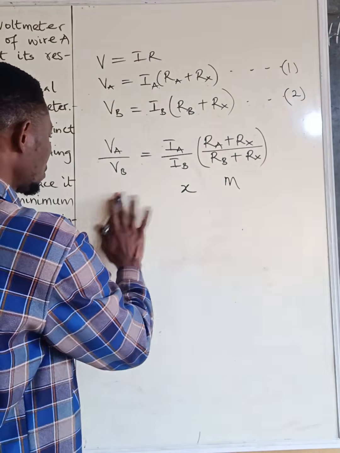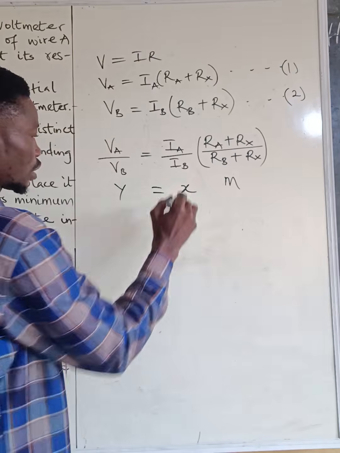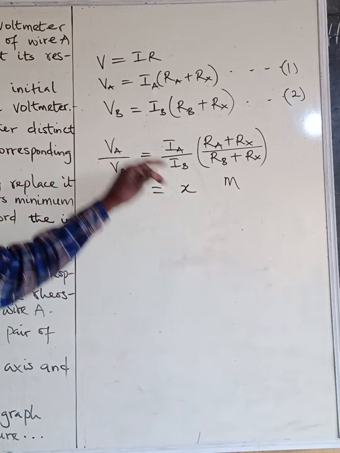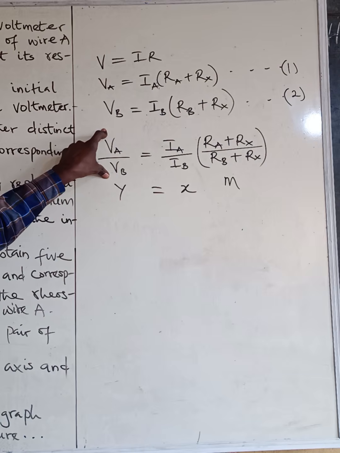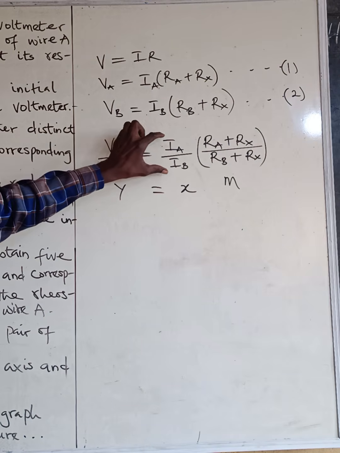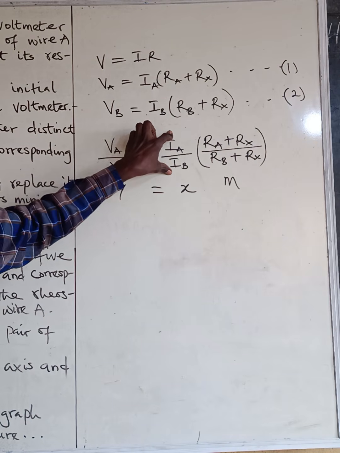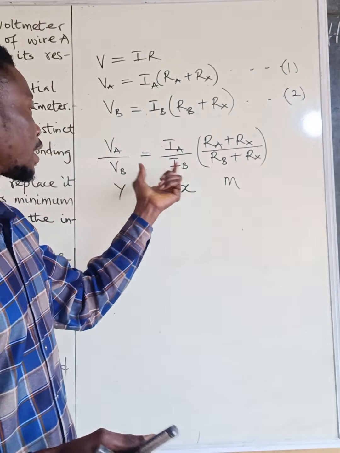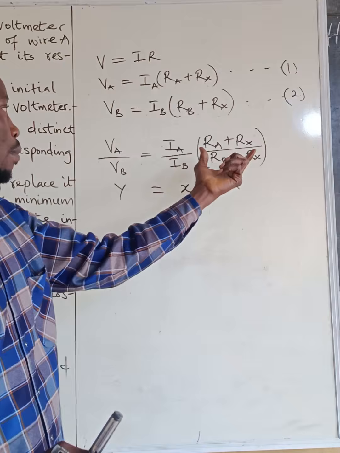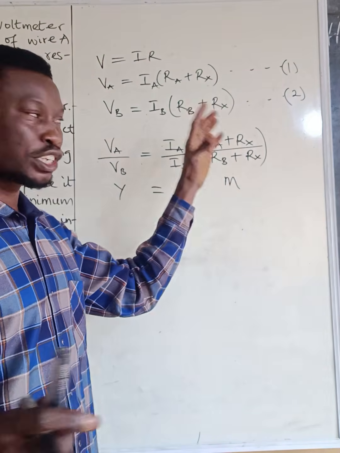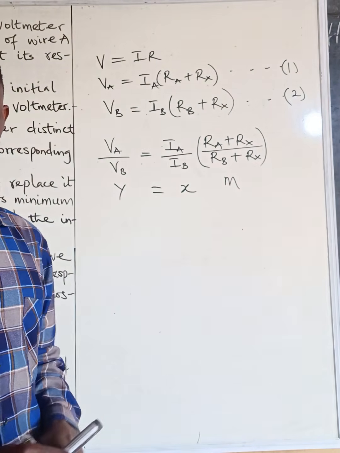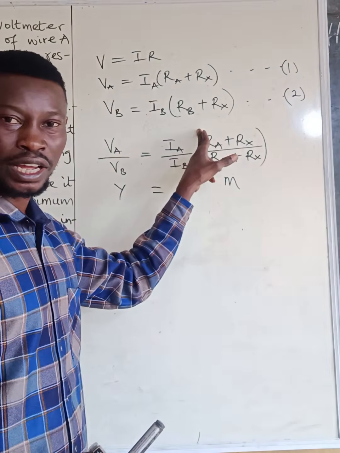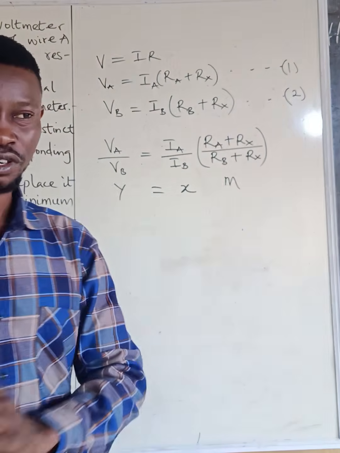So this takes the form of a straight line equation, Y equal to mx, where you are plotting this on the vertical axis and this on the horizontal axis. Don't forget, the voltmeter may not be connected across the two resistances. But in this case, we are assuming that the voltmeter is connected across the two resistances, so it will read both the resistance of the wire and that of the standard resistor.